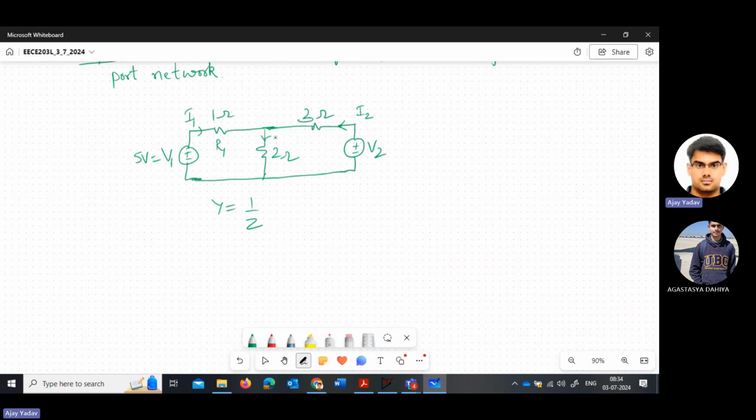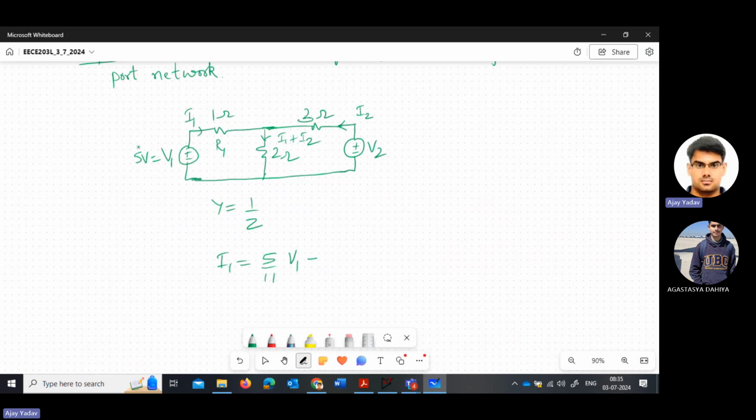If you see in this branch, I1 plus I2 is flowing because I1 is coming from this. So you can apply KVL in this case. And when you apply KVL, I'm writing the direct result instead of solving this completely. You can say that your I1 will be 5 by 11 V1.